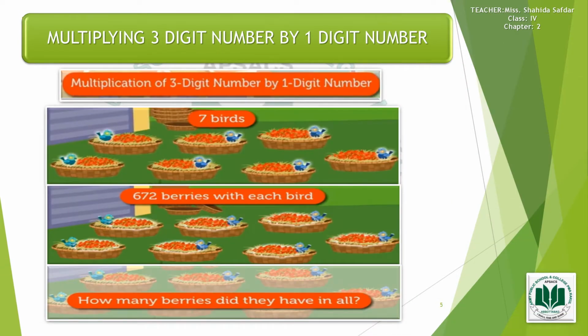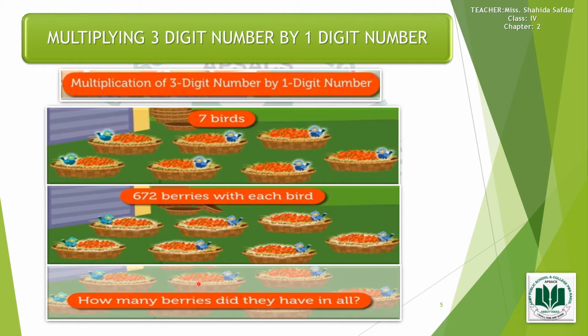Let us learn how to multiply a 3-digit number by one-digit number. Here are 7 beautiful birds, as you can see here. And each bird has 672 berries.